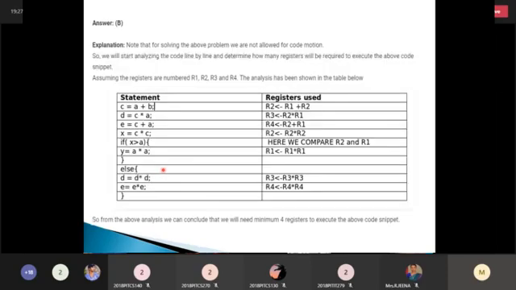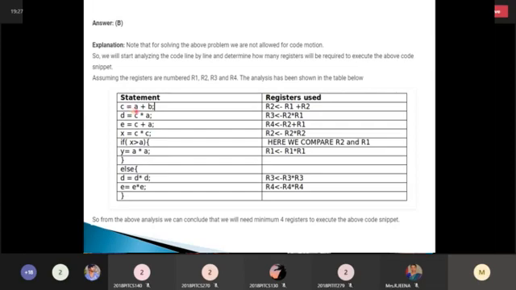So here note that for solving the above problem we are not allowed code motion. So we will start analyzing the code line by line and determine how many registers will be required to execute the above code snippet. Assuming the registers are numbered R1, R2, R3, R4, we are analyzing as shown in the table below.